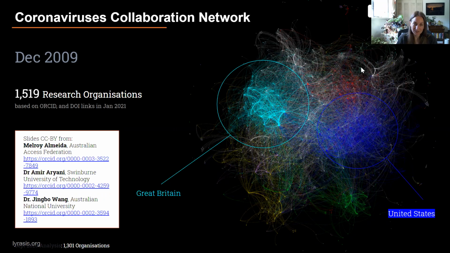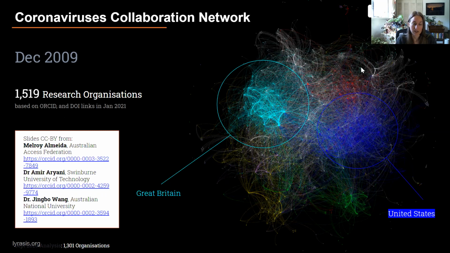So the example that I'm sharing here is from my colleague in Australia, Melroy Almeida, and this is what's called a PID graph. And basically, this was shared at the PIDapalooza conference in January of this year. What you're seeing here is a data visualization that shows the research organizations who are working on coronavirus research in December of 2009.